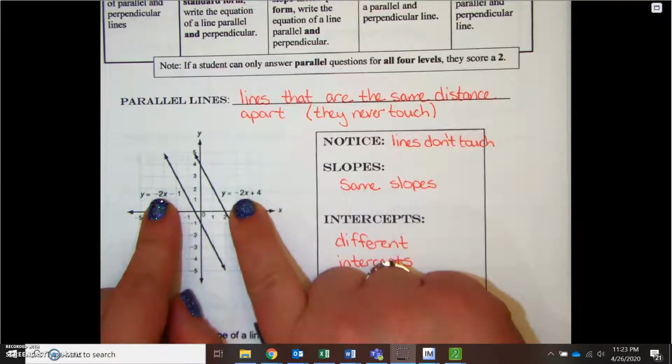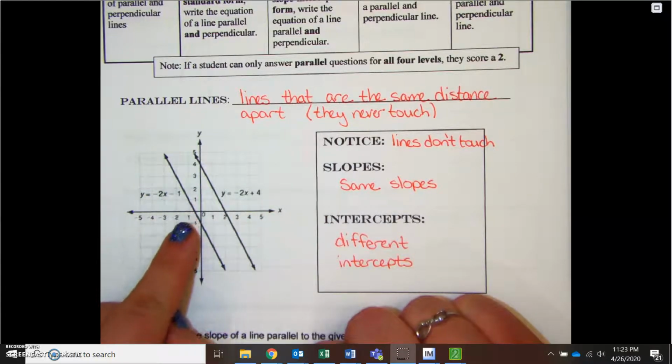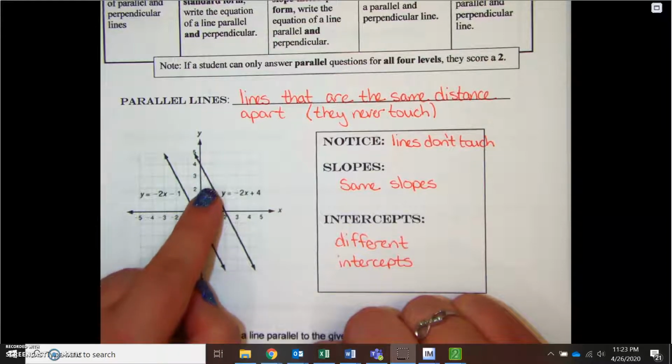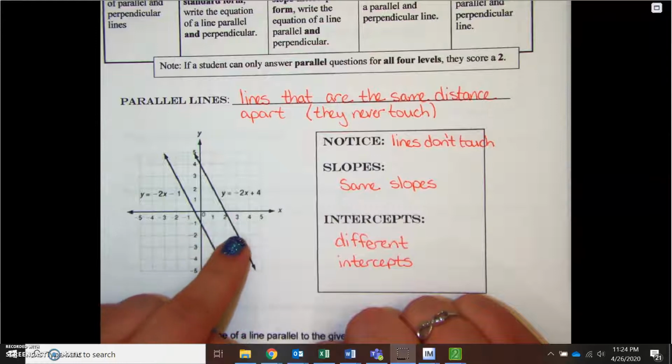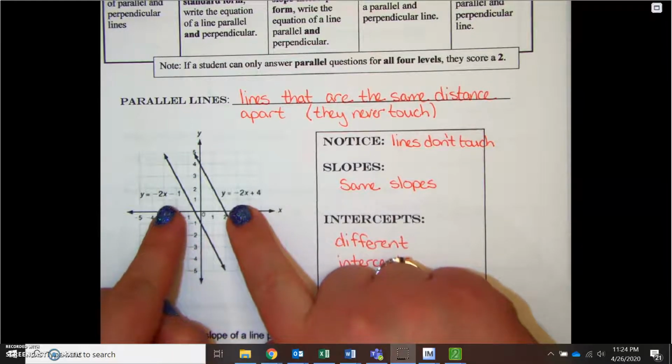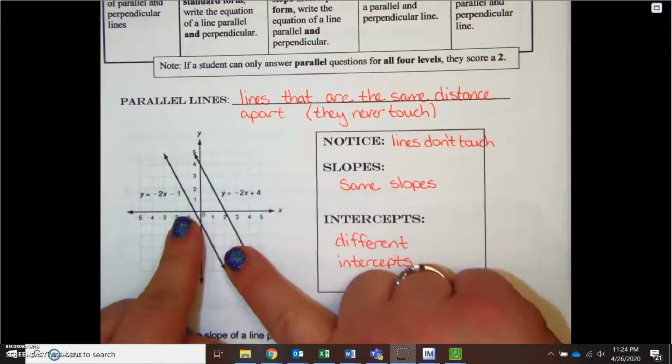It's -2. And I could count that out as well. Down 2 over 1, down 2 over 1, and for this line, down 2 over 1, down 2 over 1. Their slopes are identical, and that's important information. So we have the same slopes when they're parallel lines.